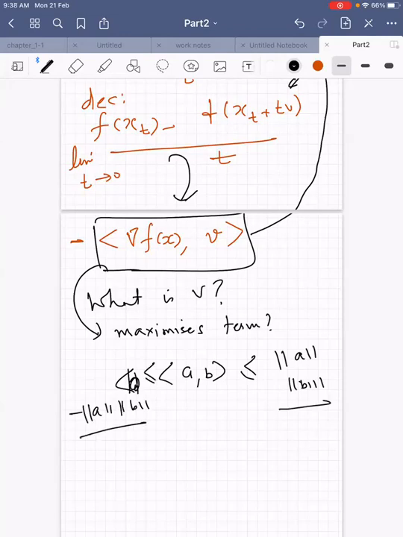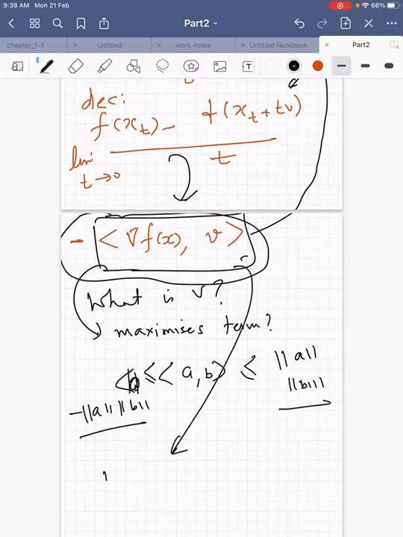We want to have this as maximum, because this is the decrease in function. So this term should be minimum, which means if I take v as minus gradient of f(x), then the whole thing inside this box.